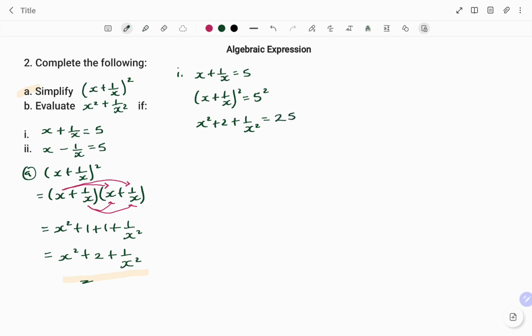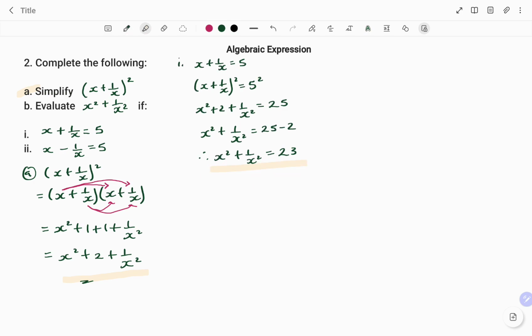That will give us 25. We're going to take 2 to the other side of the equation. We have x squared plus 1 over x squared equals 25 minus 2. Therefore, x squared plus 1 over x squared equals 25 minus 2, 23.